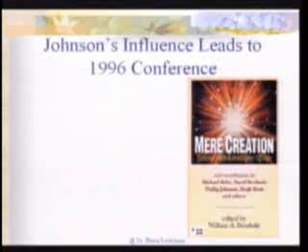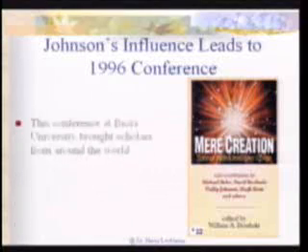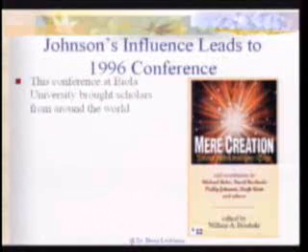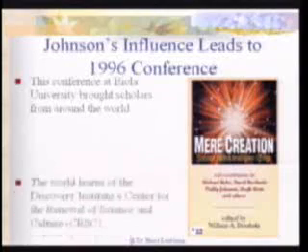He got this movement going, and they called together a conference of people of like mind at Biola University. These authors that I show here, Michael Behe, David Berlinski, Philip Johnson, Hugh Ross, and others, were some of the prime participants in that conference, and as a result, they wrote some more books on intelligent design.